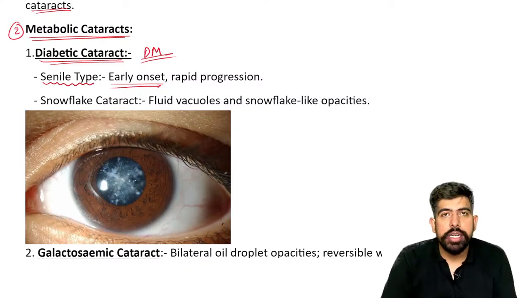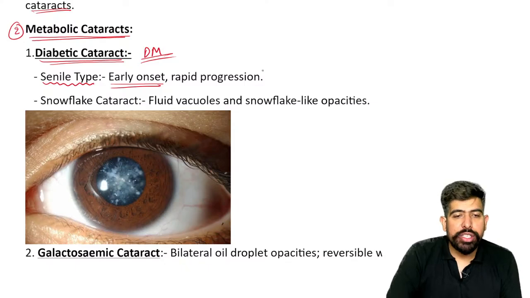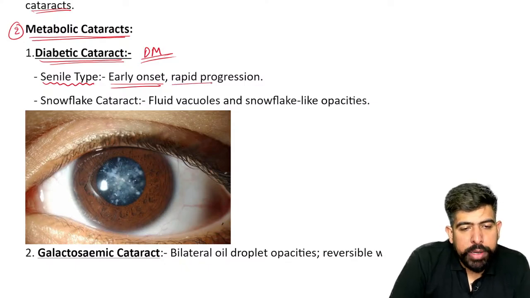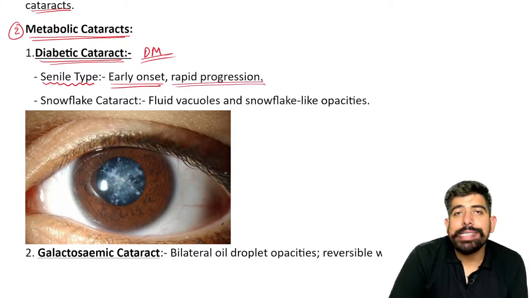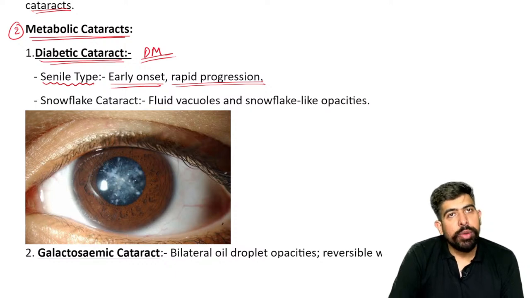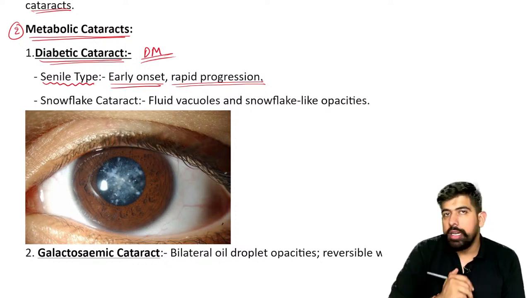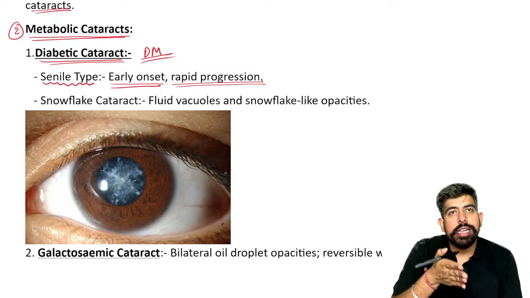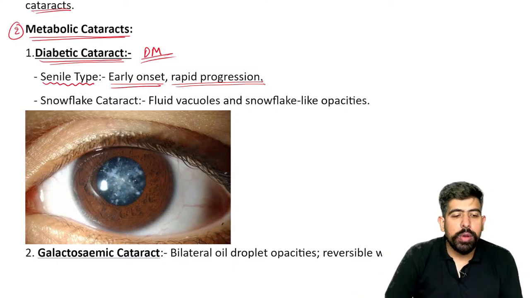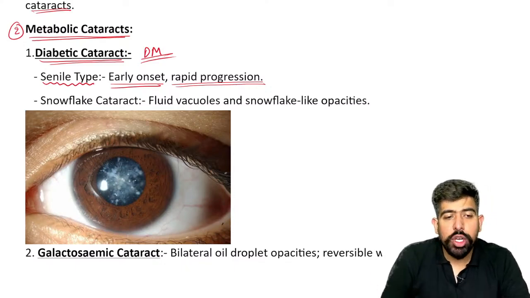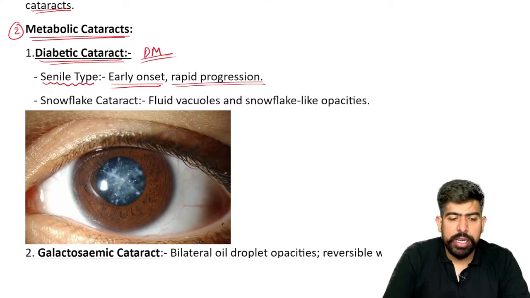So early onset will be seen in the diabetic patient. Also, there is a rapid progression. It will start as an immature cataract, but will convert into a mature cataract very rapidly.